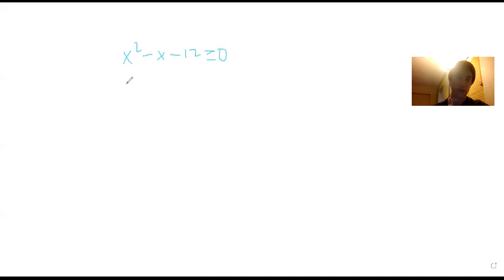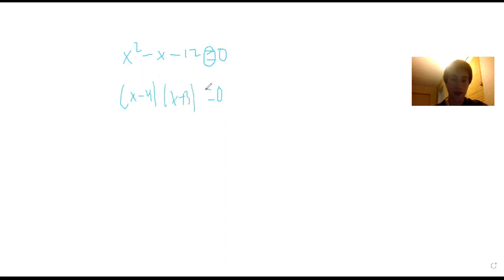The way we can solve this is we want to factor it like we usually would, and instead of using this, let's just say it's equal to 0 for now. So x squared minus x minus 12 factors to (x minus 4)(x plus 3).